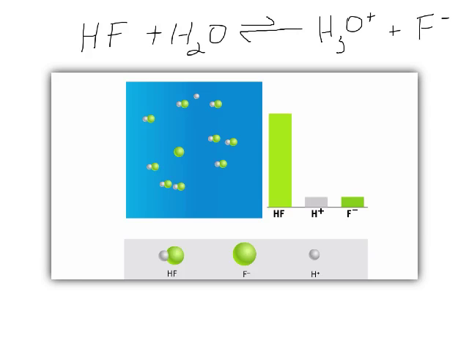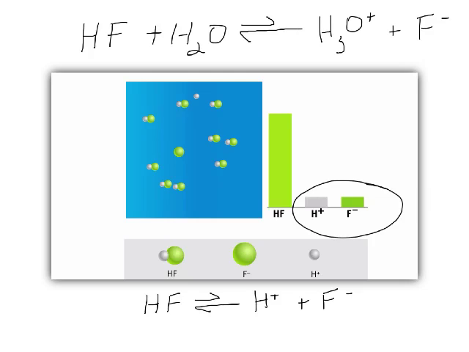Okay, so again, we have the acid, the base, the conjugate acid, the conjugate base, and the simplified form of this one would be HF, short arrow, long arrow, H+ F-. But again, it's weak because here we only have a small number of ions.